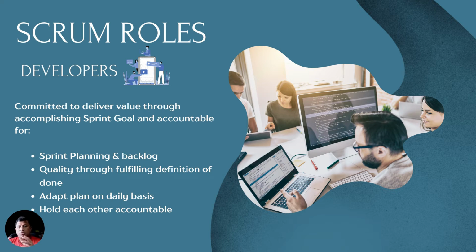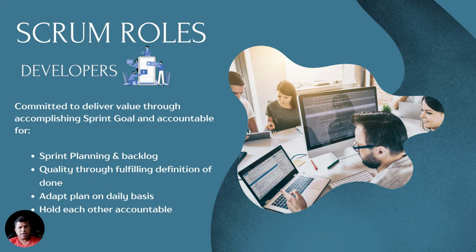They are also accountable for fulfilling the quality, and this is where the definition of done comes through, and we will talk about definition of done and definition of ready in the future videos. Here the quality of deliverables is defined by the definition of done. So in short, they adapt the plan on a daily basis, and you remember the principle we talked about, right?